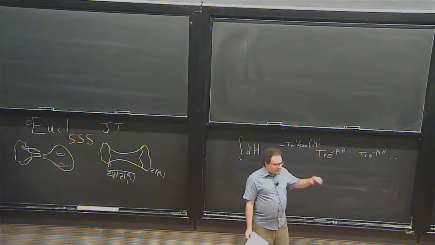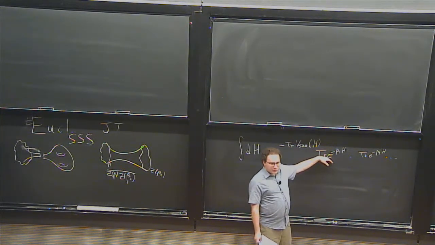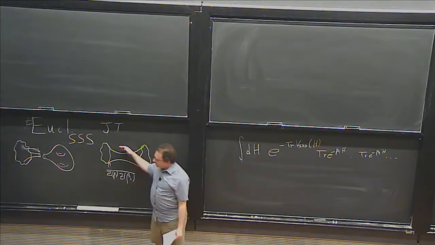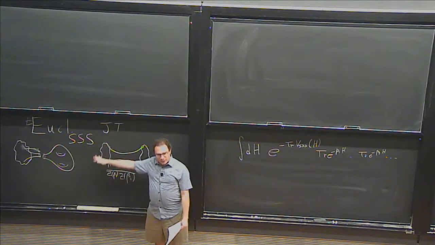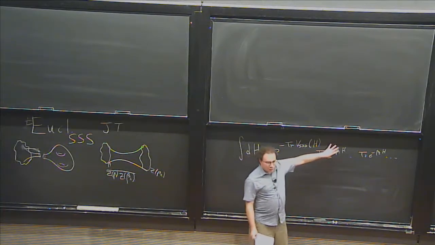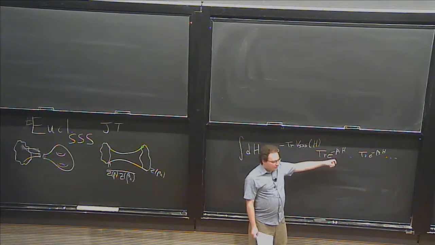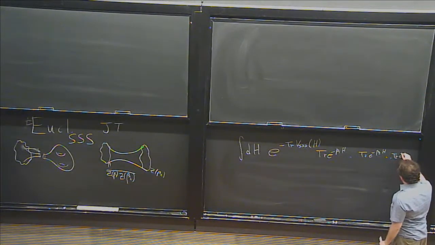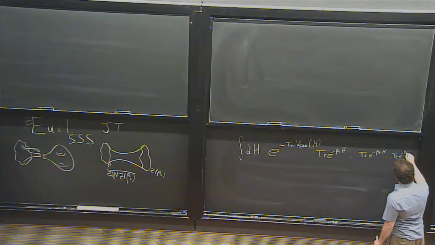Okay. So what they showed is if you do this computation in the matrix integral, then it is equal to the JT gravity computation. If there's one boundary, you have just one trace. The number of these is the number of boundaries, beta 1 through beta n.